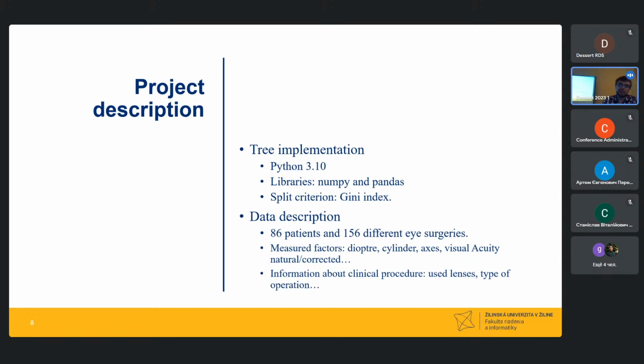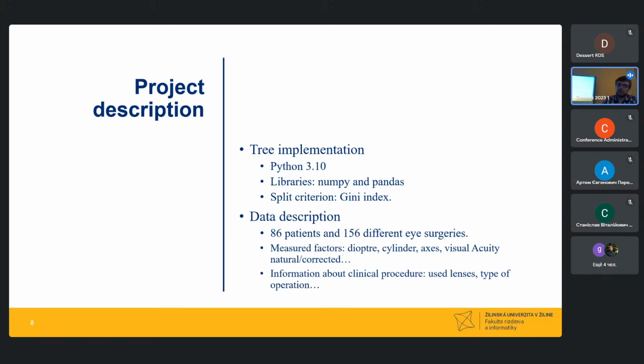It contains records of 86 patients and 156 different eye surgeries. Some patients had both eyes operated, some only one, but for the purpose of this research, we consider every surgery as an individual.